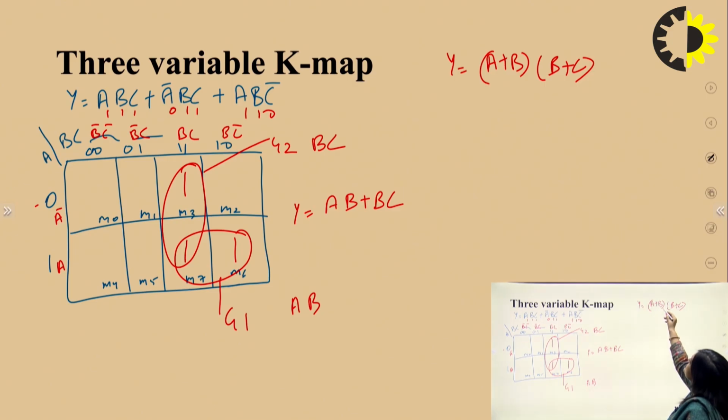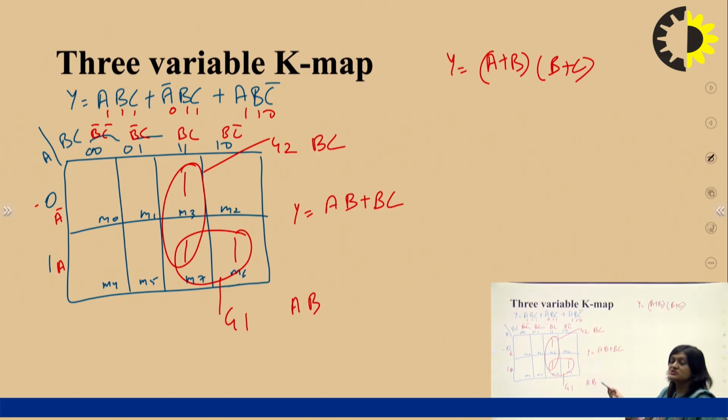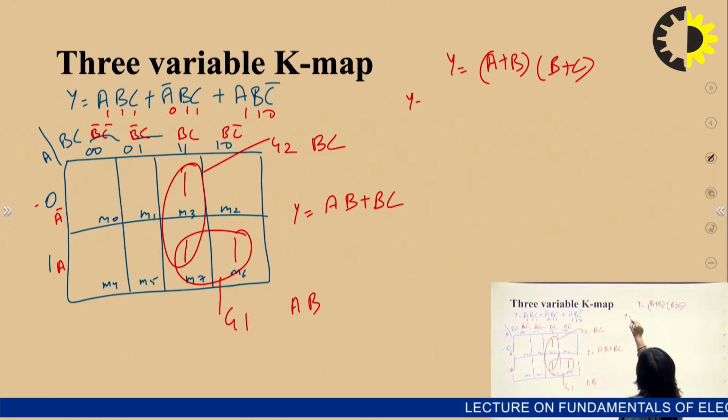Here A, B, C, 3 variables are there, but this term includes A plus B only. Here C is missing, and in this term A is missing. So before putting the values 1 or 0 in the K-map, we have to convert that expression into the canonical form. So we have to convert this first into the canonical form, like A plus B plus C C bar.